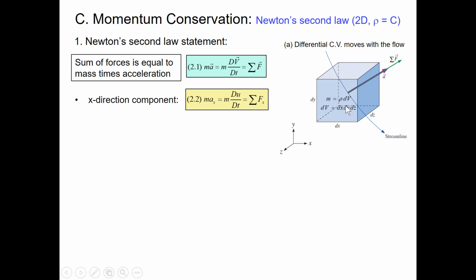Second, if the total force acting on the fluid body is summation F and it moves with acceleration a, Newton's second law states that the sum of forces is equal to mass times acceleration. In scalar format, like in x direction, the sum of x direction forces is equal to mass times x direction acceleration.